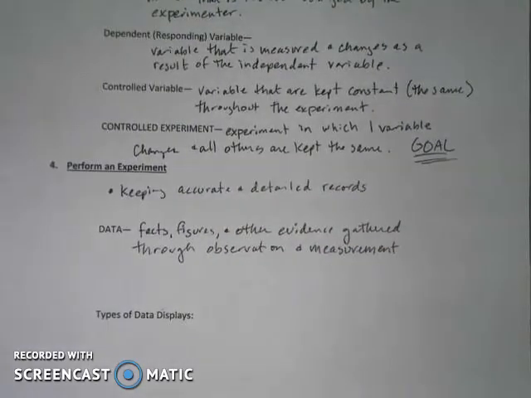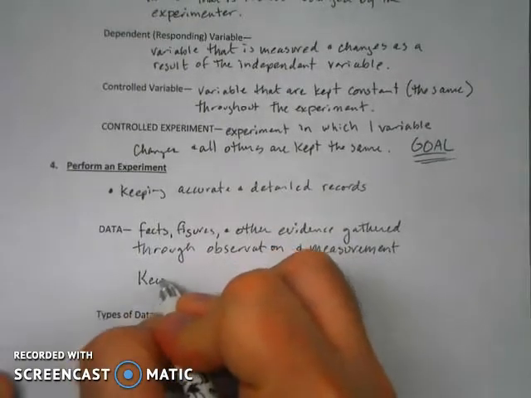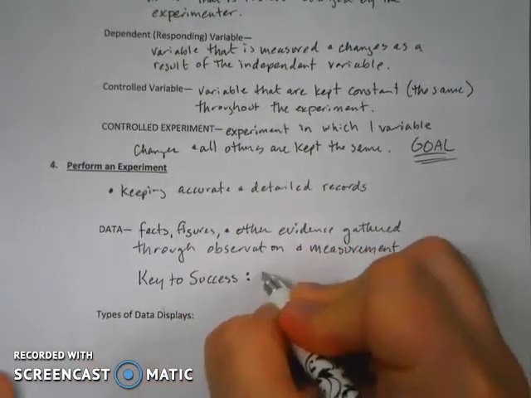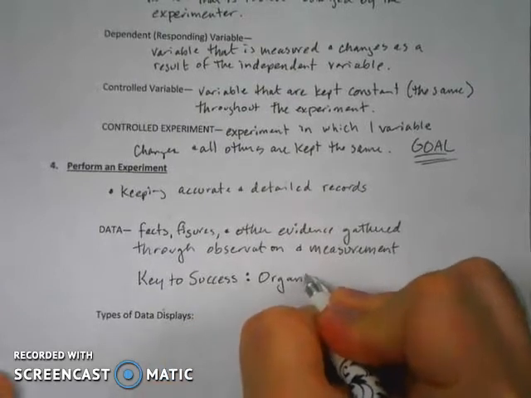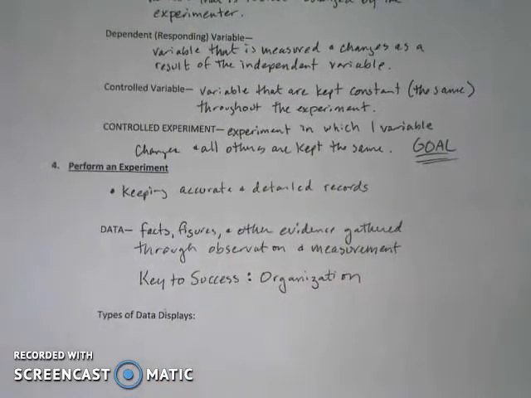And when you are gathering all of this information, all of this data, one of the big keys to success is making sure that it's organized. So organization is really, really important. Making sure that you collect everything, but you also know what you're collecting.